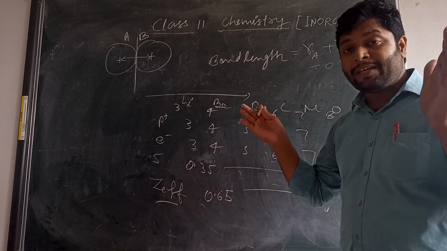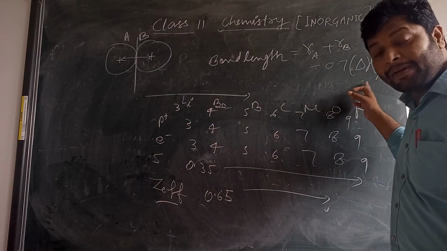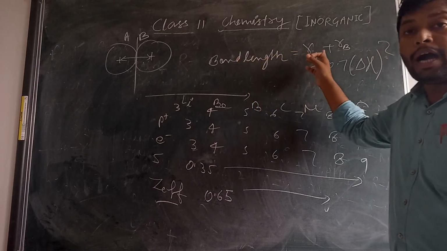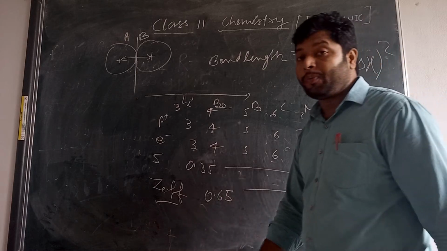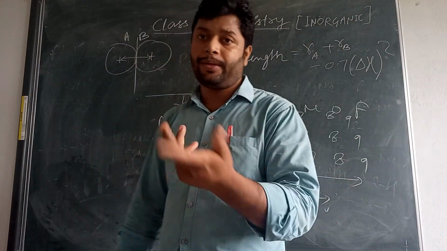The bond length becomes shorter in the heteroatomic molecule if there is a large difference of electronegativity, and the actual formula for bond length will be Ra plus Rb minus 0.7 delta x square.